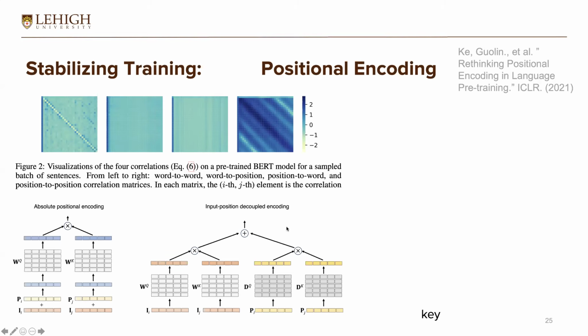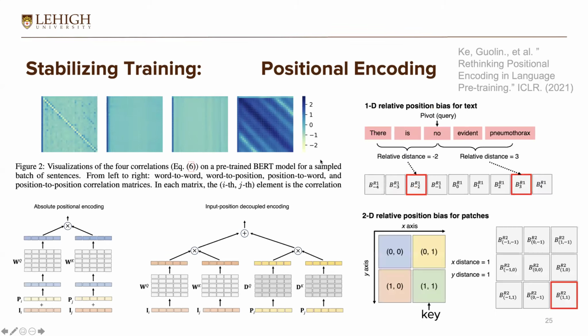In addition, we also use something called relative position bias for the text data. What it means is that we get the relative distance, instead of the absolute distance, for any two tokens.